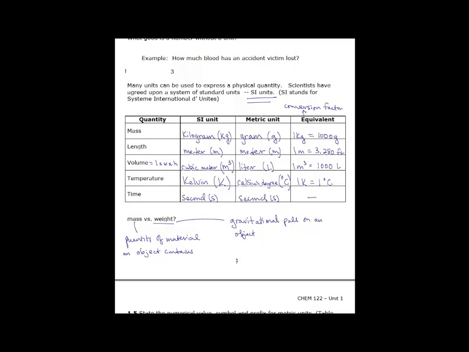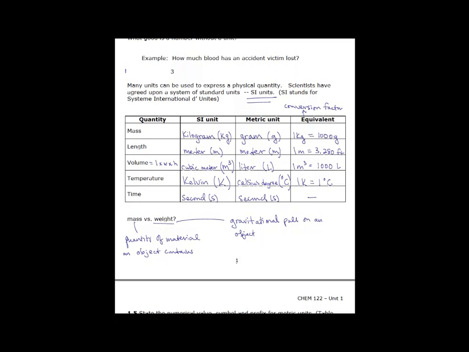If you were to choose a place to be weighed, you certainly wouldn't want to be weighed on Jupiter because you would weigh a lot more, maybe 1,000 pounds versus 100 pounds. So just to give you an idea, the difference between mass and weight: mass is the quantity of material or matter an object contains, and it's the same regardless of the gravitational pull, whereas weight is dependent on the gravitational pull.